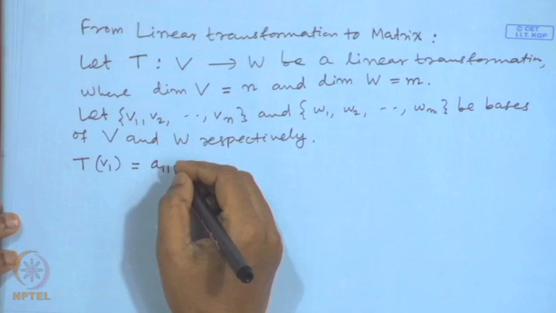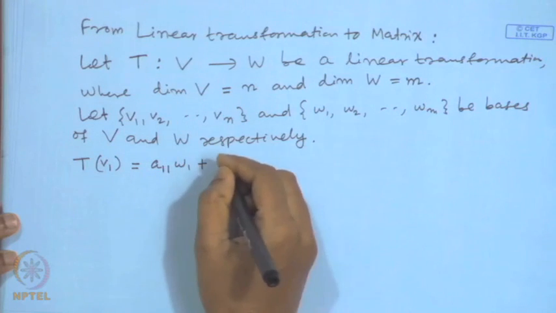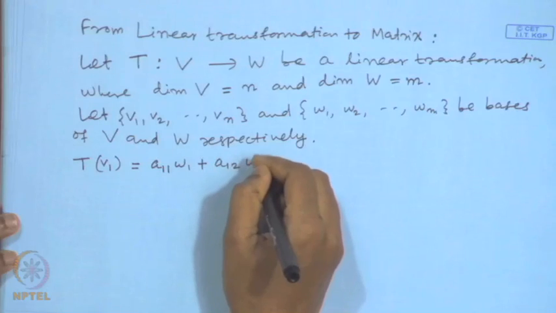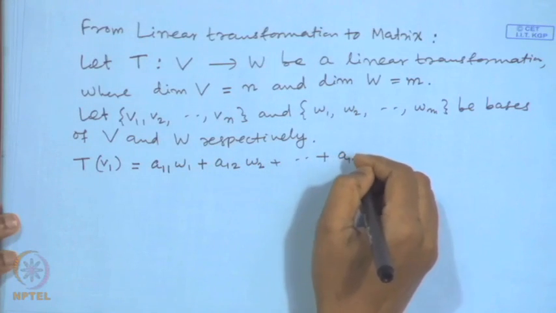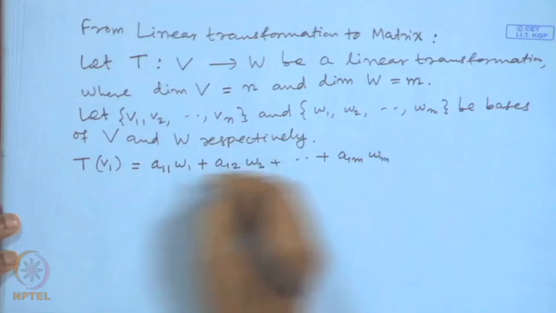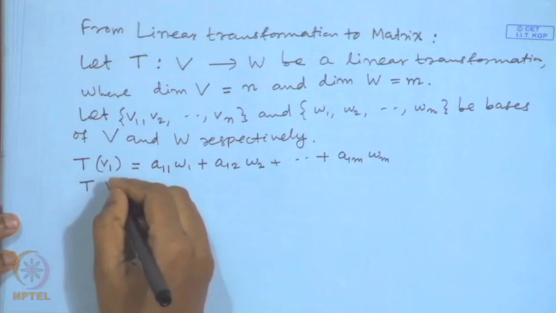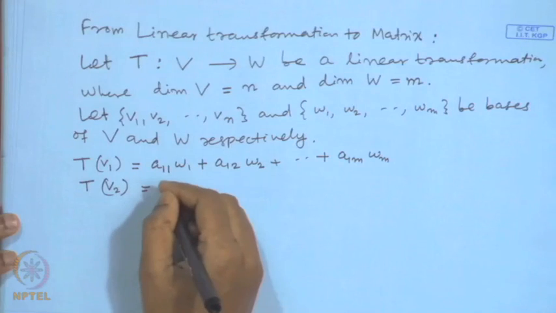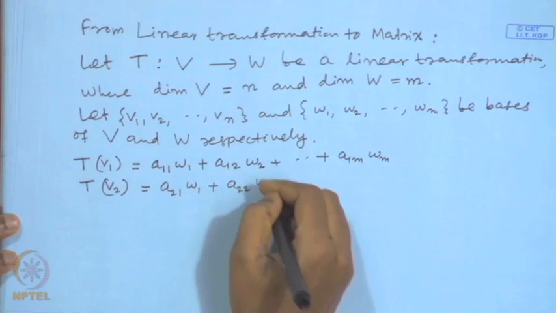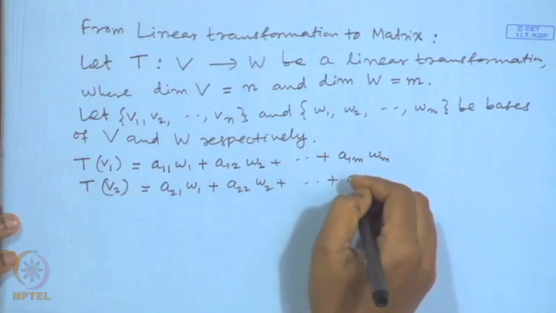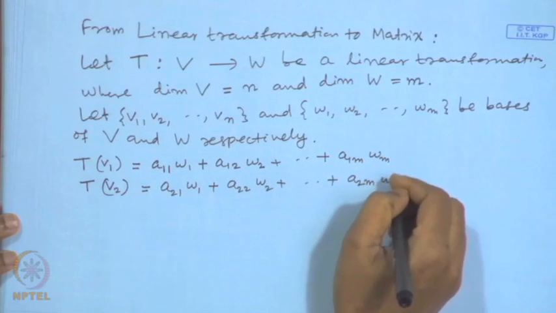So, let us consider that the linear combination is like this. T of V1 is equal to A11 W1 plus A12 W2 plus ... A1m Wm, and T of V2 is A21 W1 plus A22 W2 plus ... A2m Wm.